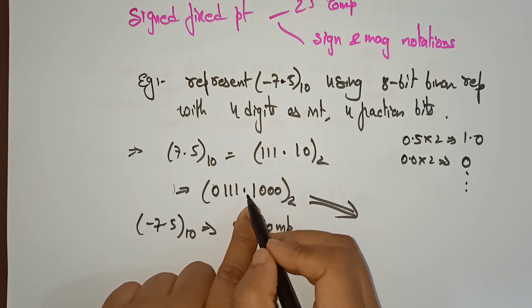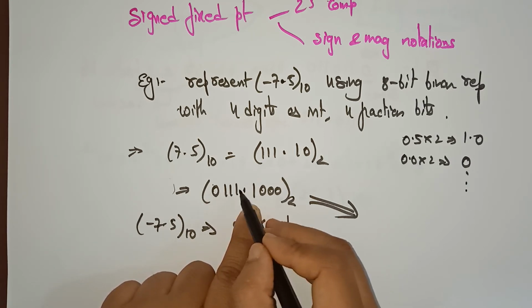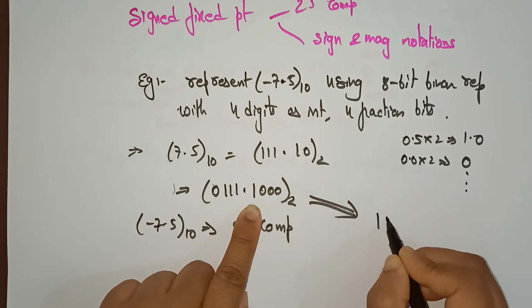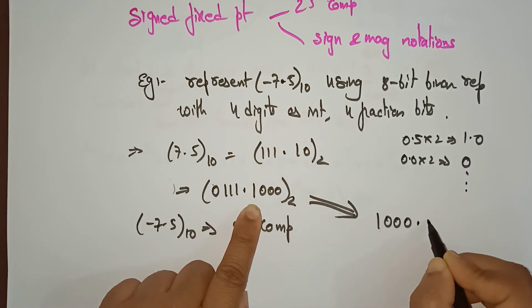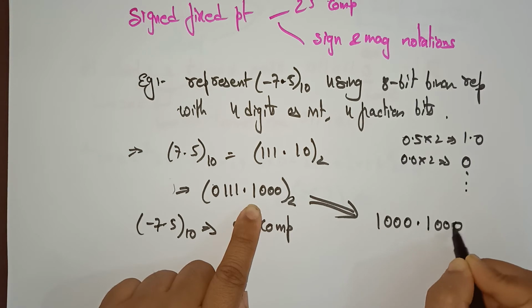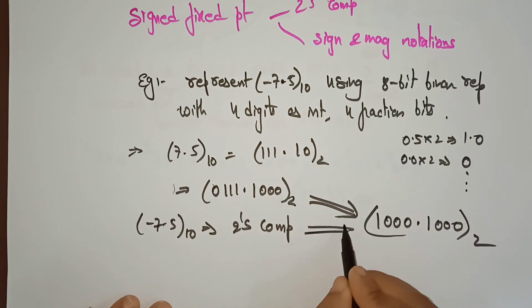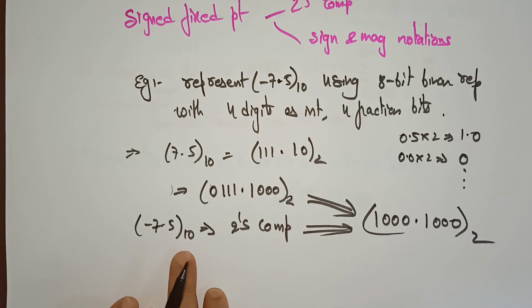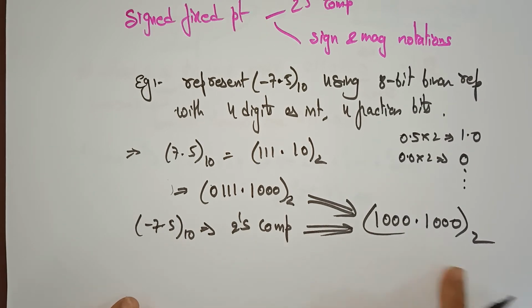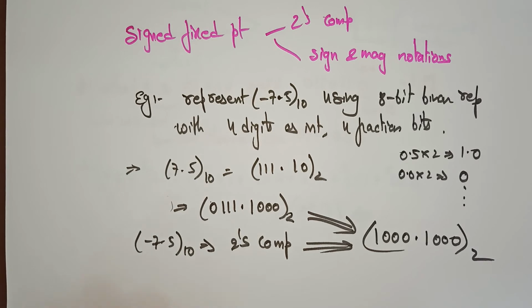Don't change the first 1. After the first 1, all the bits have to be complemented, giving 1, 0, 0, 0 in the fraction part. So don't change this; keep it like this only. This is the final binary value of minus 7.5 to the base 10. So this is how the signed fixed point number is represented.